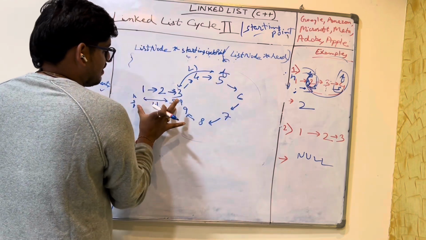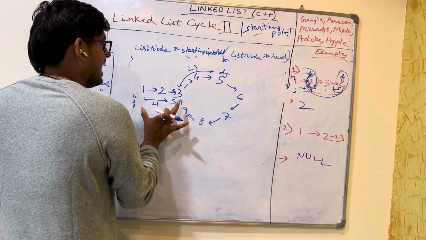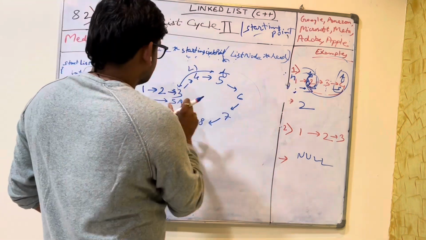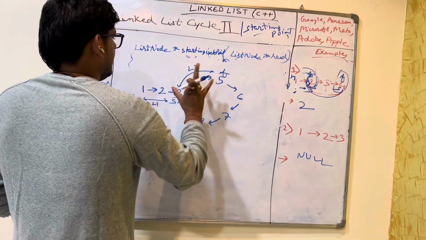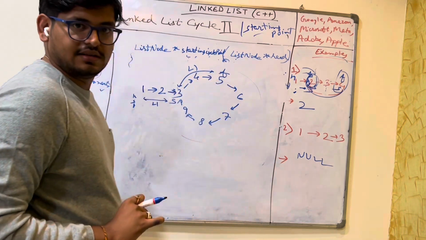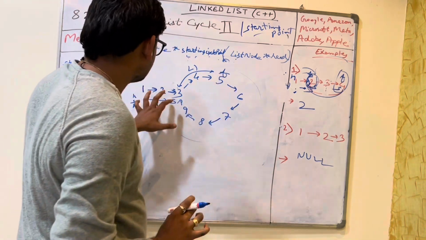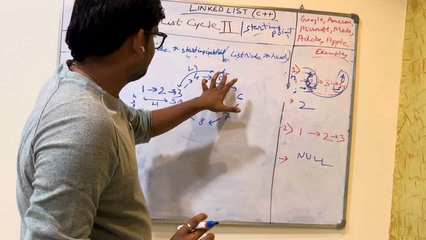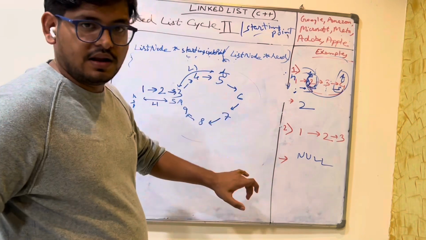So when slow travels L1, this is already L1 which fast has traveled, and since fast travels double of S, the total length is 2 into L1, so this length is L1, right? I think there is no doubt about this. So fast has traveled 2 L1 and fast is here, and slow has entered the loop.